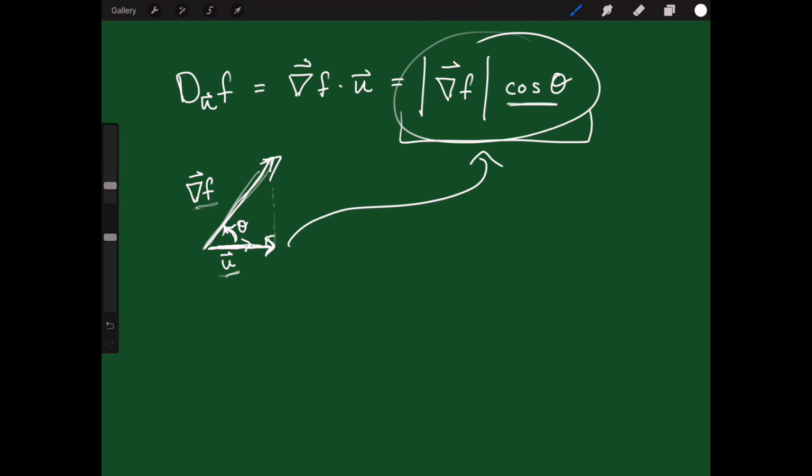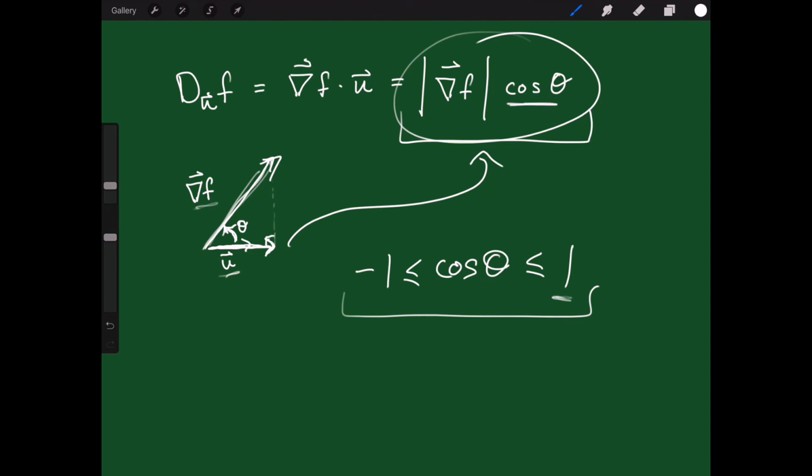Cosine of theta lives between -1 and 1. It always lives between -1 and 1. So if I wanted to make the directional derivative the biggest it could ever be, then cosine of theta would be 1. Anything other than 1 would make it smaller.